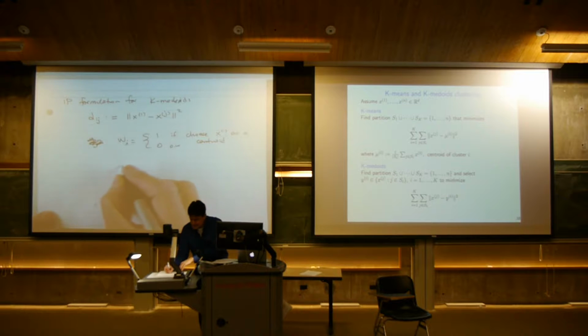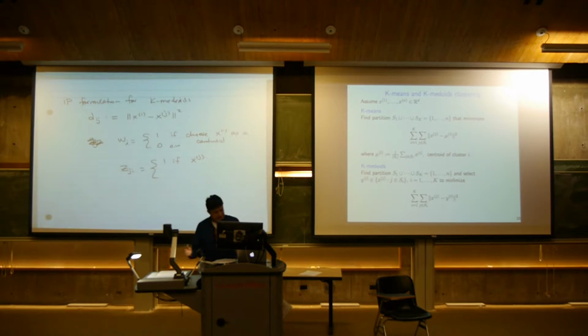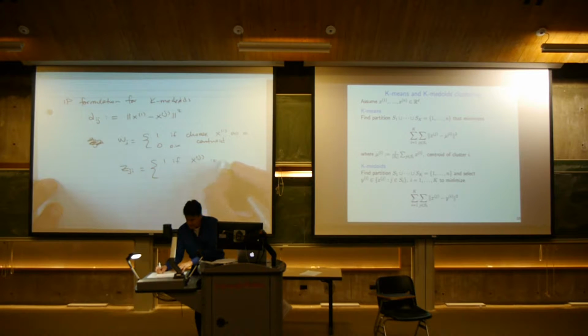And then zji, this is going to be 1 if xj is in the cluster with centroid xi and 0 otherwise.